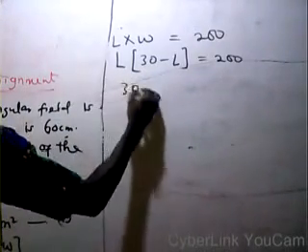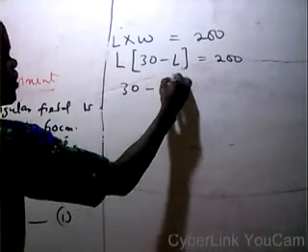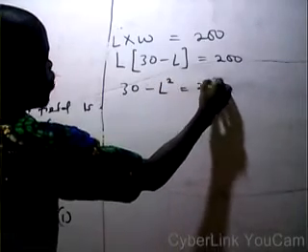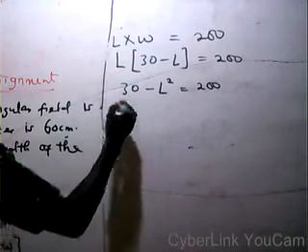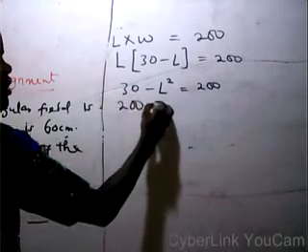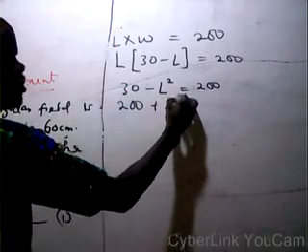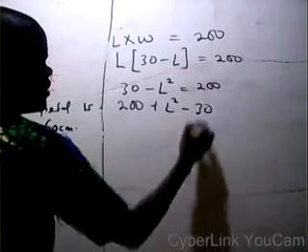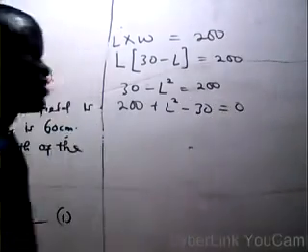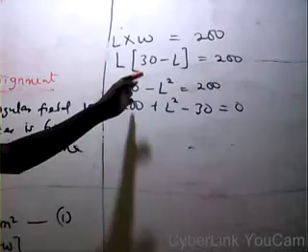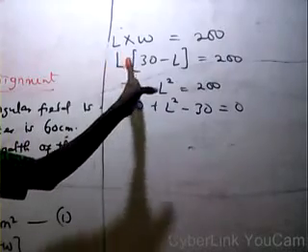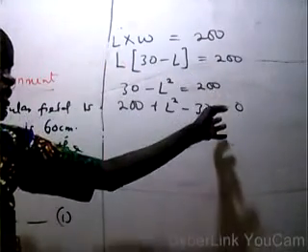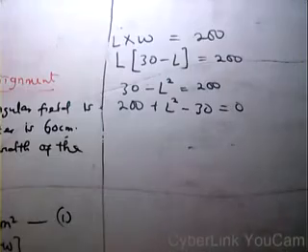So from there, we now have 30L minus L square equals 200. From there, we can say that we have L square minus 30L plus 200 equals 0. What did I do? I transferred all this from the left hand side to the right hand side.